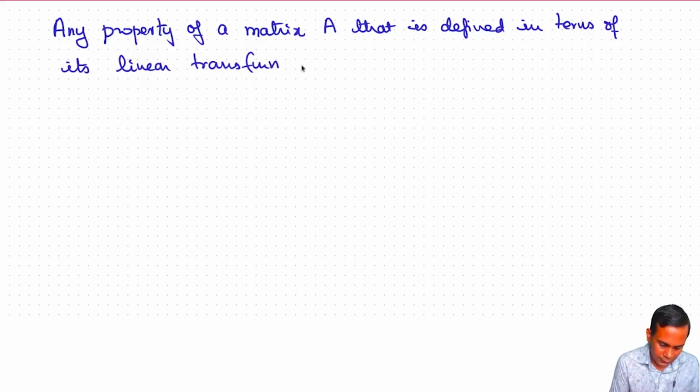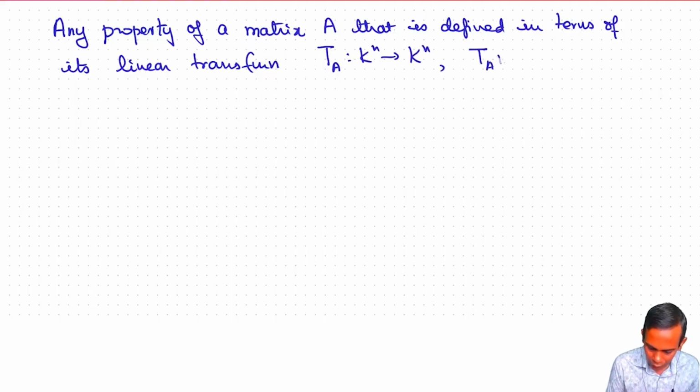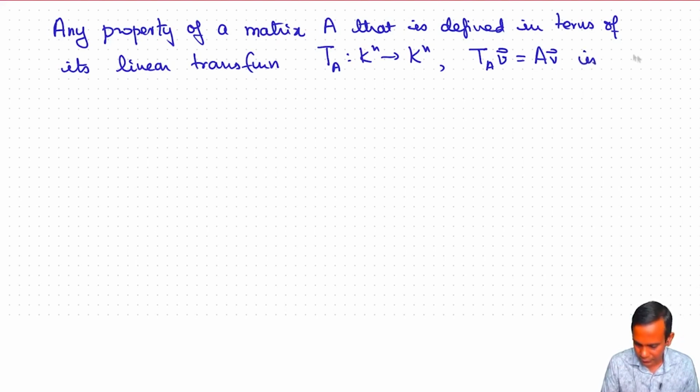If you have a matrix A, you can define T_A from K^n to K^n given by T_A(v) = Av. Here we think of v as a column vector, and so you just multiply A on the right by v to get a linear transformation. This is the linear transformation corresponding to the matrix A.